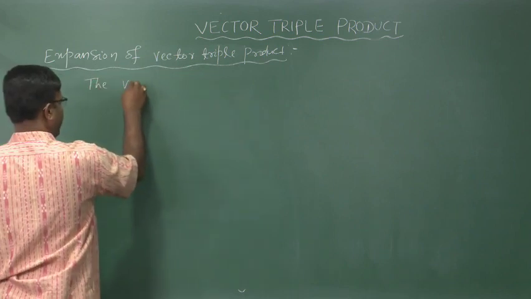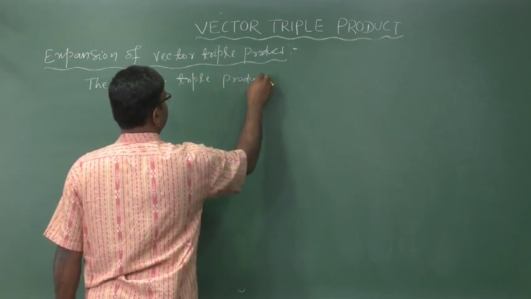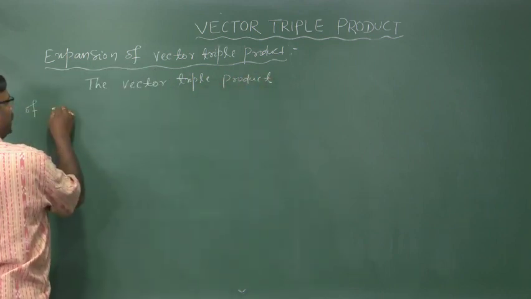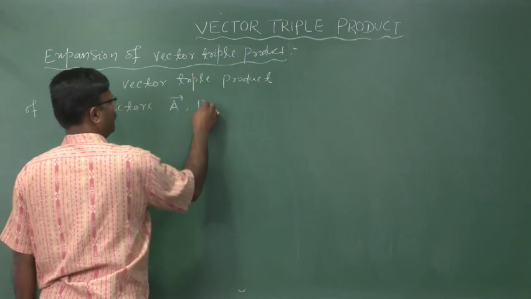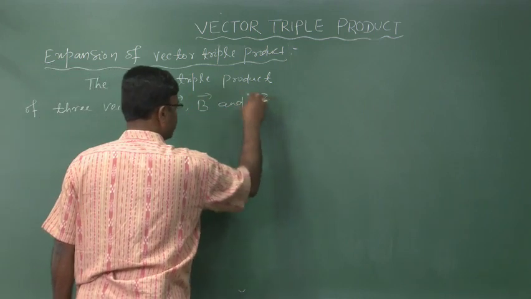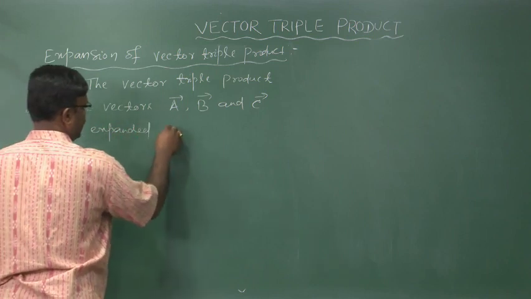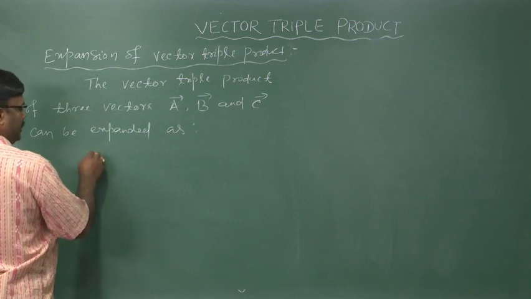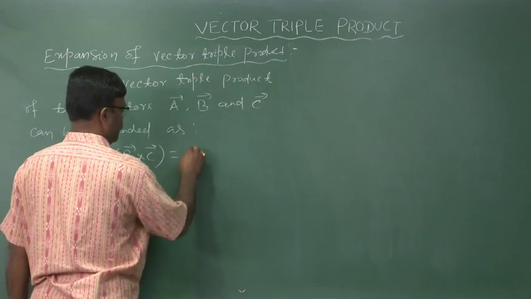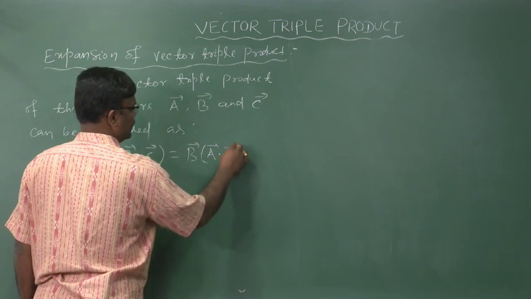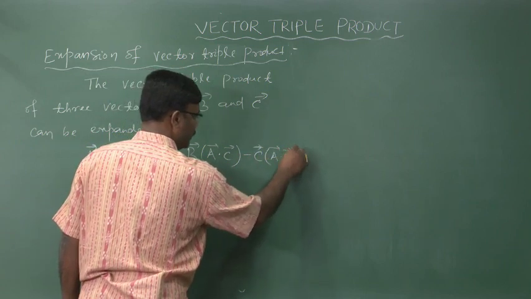The vector triple product of three vectors A, B and C can be expanded as A vector cross B vector cross C vector is equal to B vector, A vector dot C vector, minus C vector, A vector dot B vector.